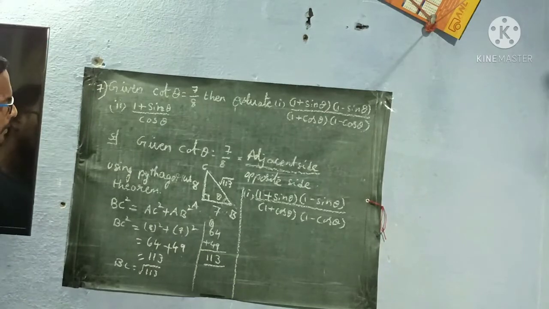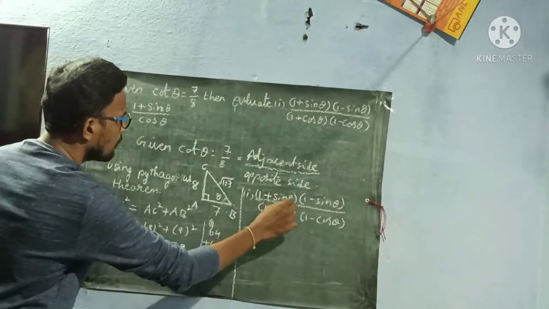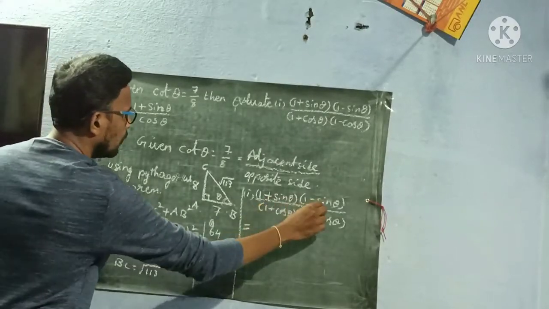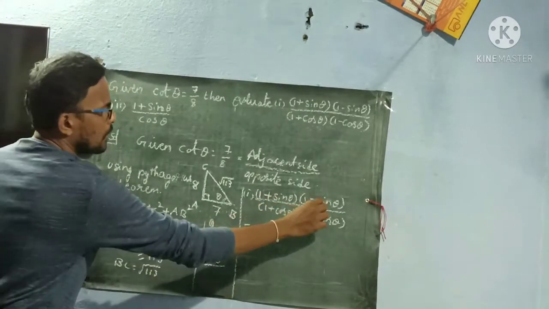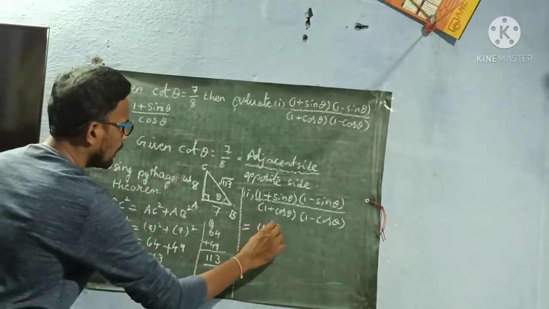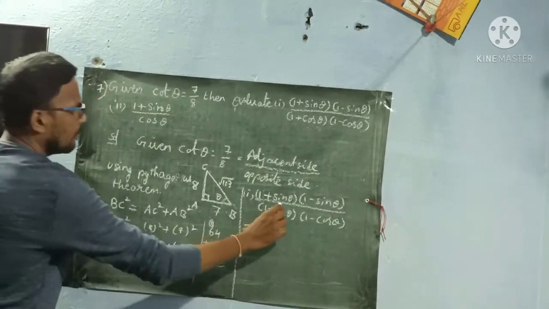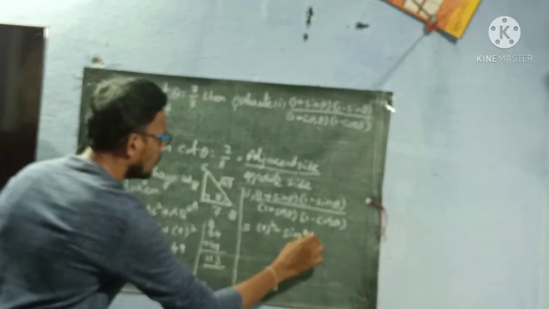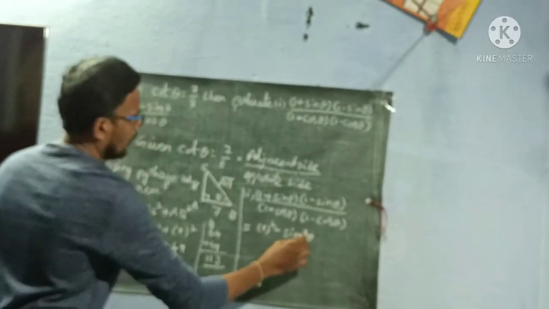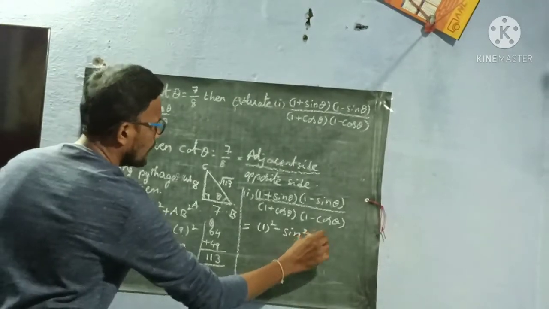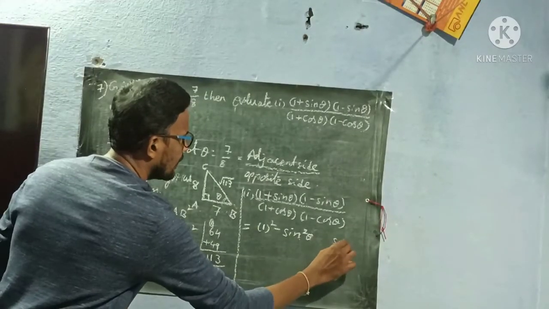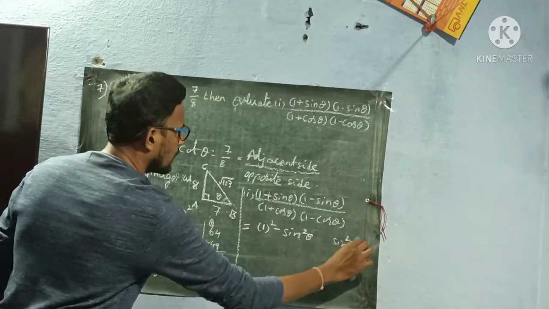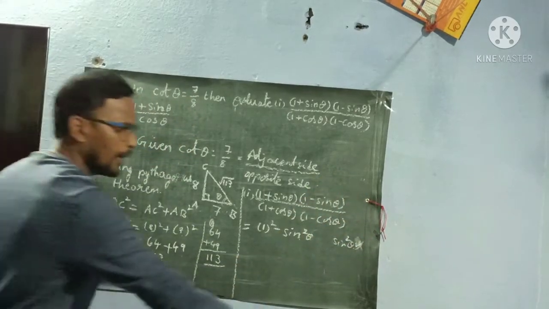I hope this is in the form of (a plus b)(a minus b), so I can write it as a square minus b square. In the place of a square I am writing 1 square, minus b square, which is sin square theta. Always the square should be written on the trigonometric ratio but not on theta, meaning sin square theta. We should not write sin theta square. This is wrong. Only sin square theta is correct. Understood everybody?